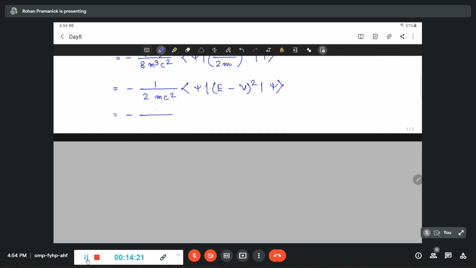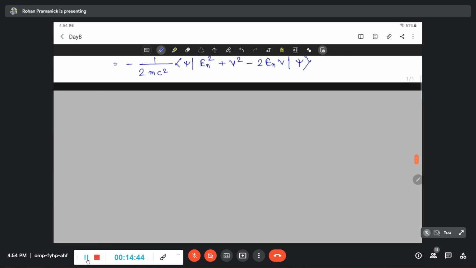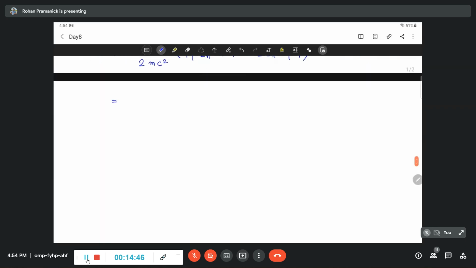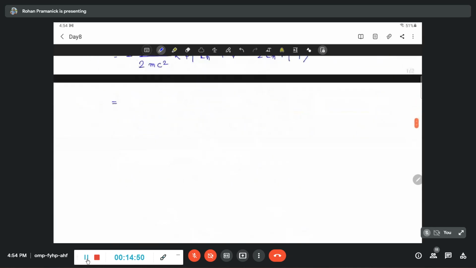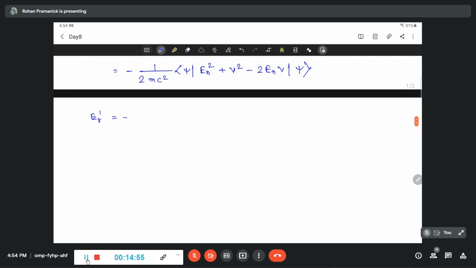Then we can expand the 2 m c squared, psi, as E n squared plus V squared minus 2 E n V, psi. Okay. So what we are calculating is E R 1. Then this is 2 m c squared, psi.